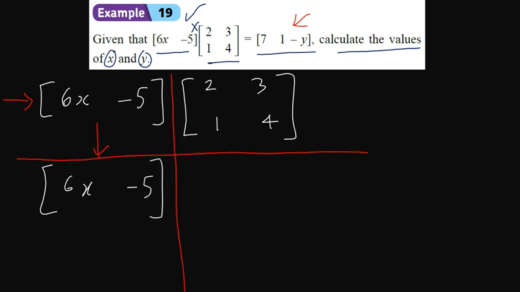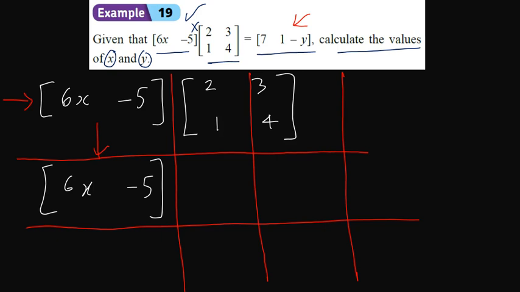And then we make another line here. So you know that this row of the matrix you have to multiply with this column, and after that this row will multiply again with the next column.